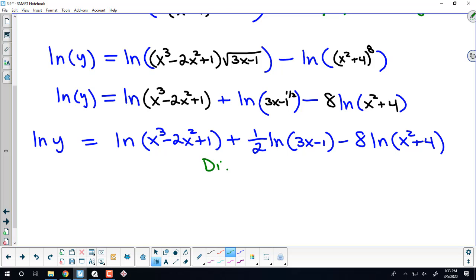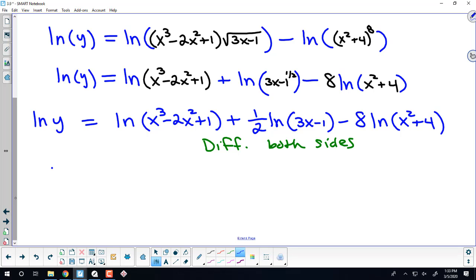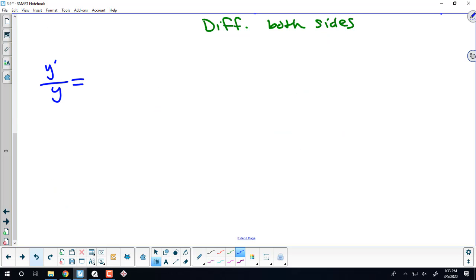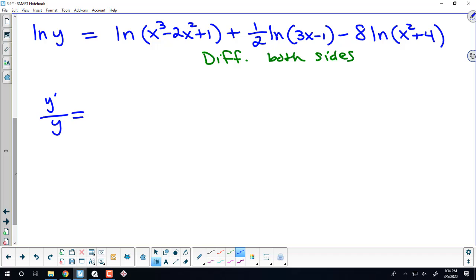Now we're going to differentiate both sides with respect to x. We have y prime over y is equal to, what's the derivative of the natural log of x cubed minus 2x squared plus 1? What's the derivative of this thing here? 3x squared minus 2x over x cubed minus 2x squared plus 1.